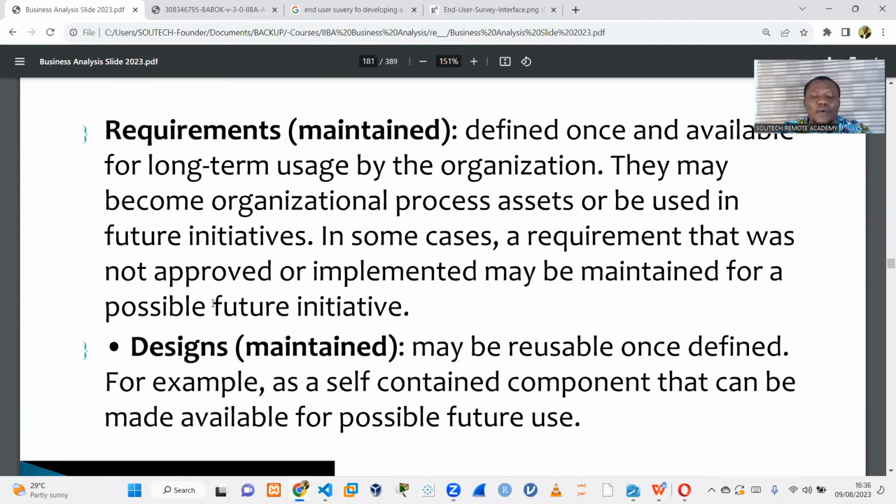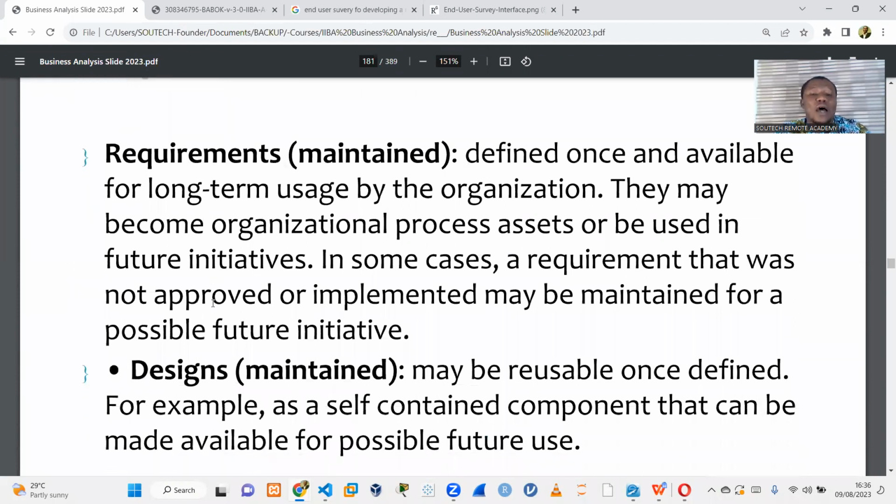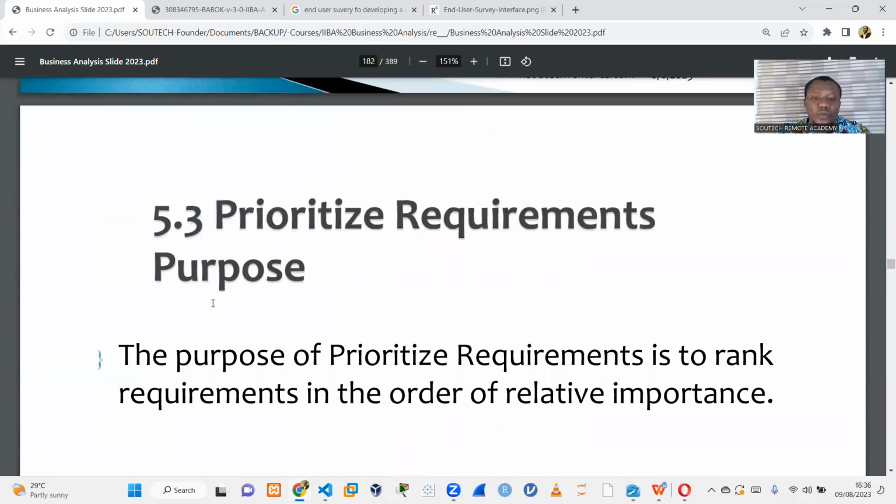What are you going to have as output? You're going to have the requirements that are being maintained and the design that is being maintained. These designs and requirements are what you're going to pass on for further development by the front end or the back end or whoever is going to deploy the solution.